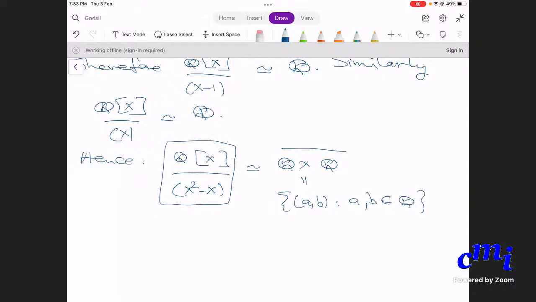But actually, they are isomorphic rings. So this is the power of the Chinese remainder theorem in general. Q cross Q is clearly a very simple ring which we can understand very well. This, on the other hand, you might think is slightly more complicated, but actually it is not. Up to isomorphism, it is the same ring.